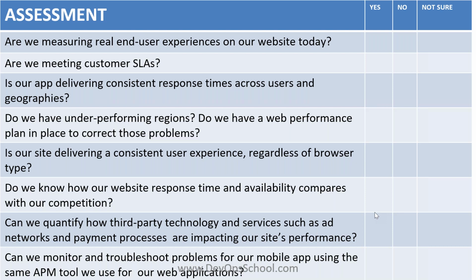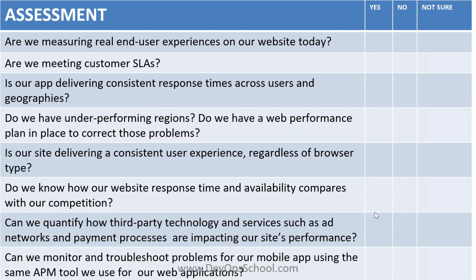Let me put it in a slightly different way. No matter from which part of the world I'm accessing, no matter what device, like a mobile, laptop or pad I'm using, no matter which browser or which region I am from, how was the user experience for that application?